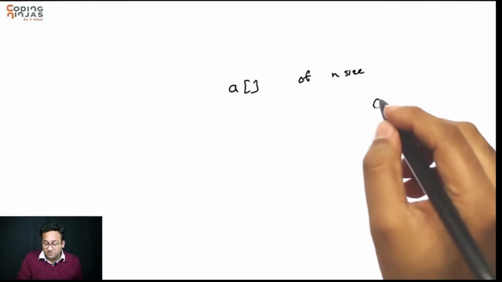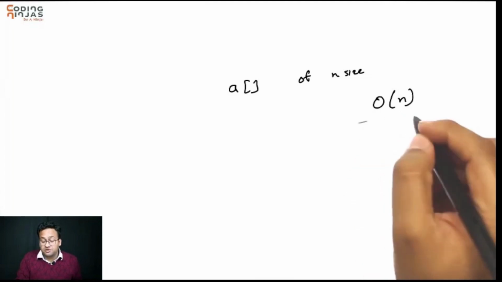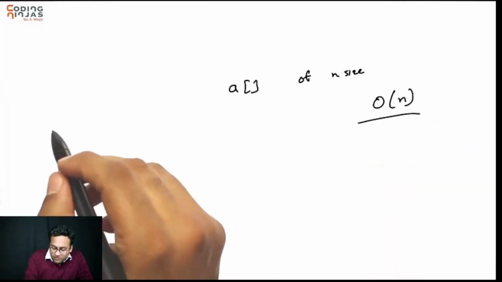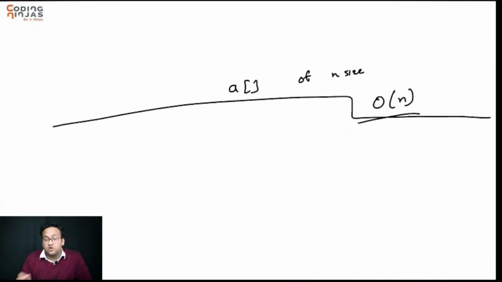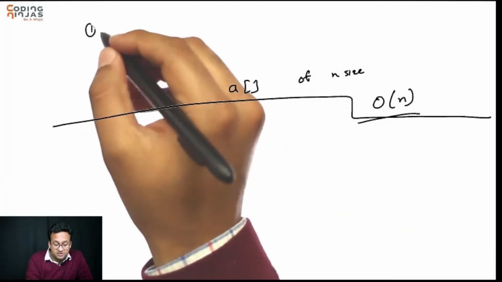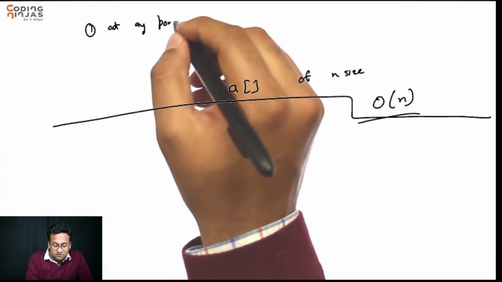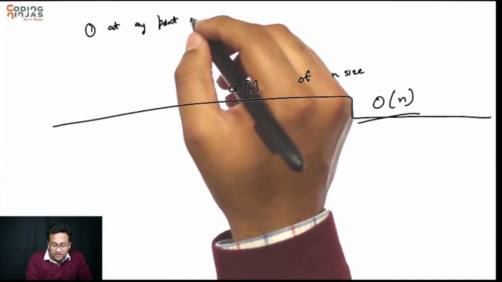In that case, your space complexity will become big O of n. So you need to be very careful that you are calculating the space requirement at any point in time. This is the first thing you need to take care of. Not overall, at any point in time.